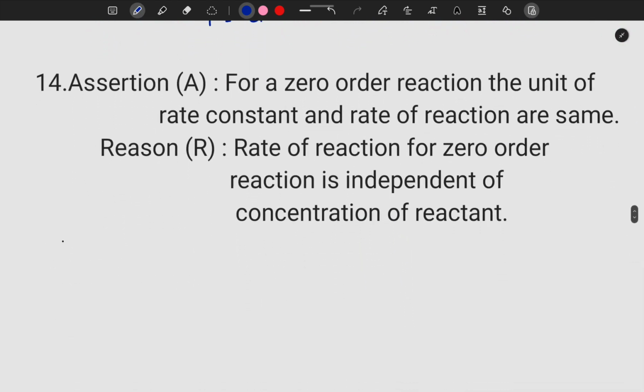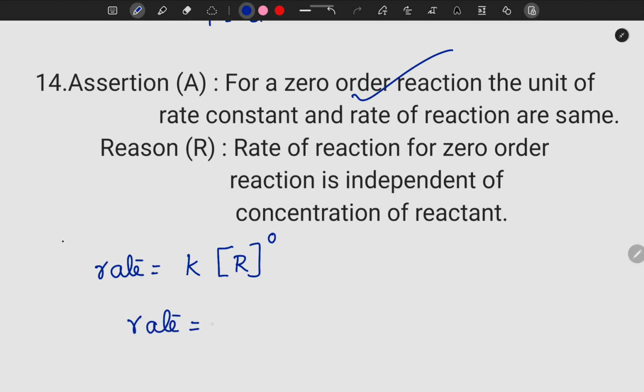For a zero order reaction, the unit of rate constant and rate of a reaction are same. So that's a correct statement, because for a zero order reaction we can write rate equal to K into concentration of reactant raised to 0. Any quantity raised to 0 is equal to 1. So rate and rate constant are equal.